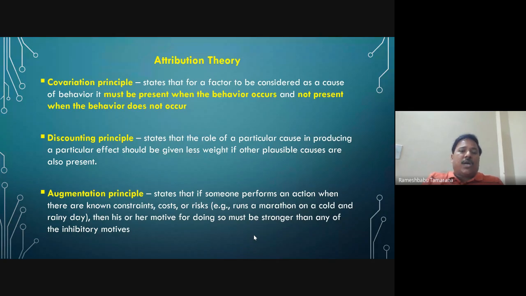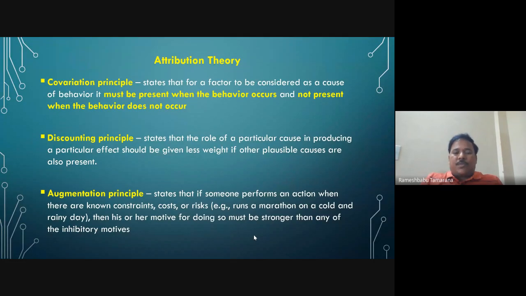Probably I should give less weight to my own ascribed causes, because there could be other plausible reasons for it.